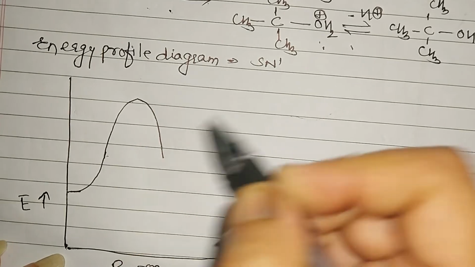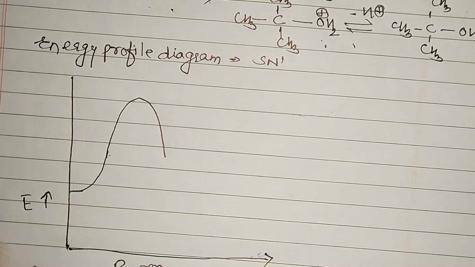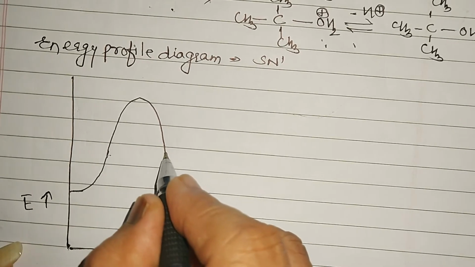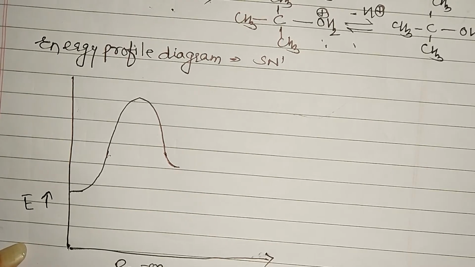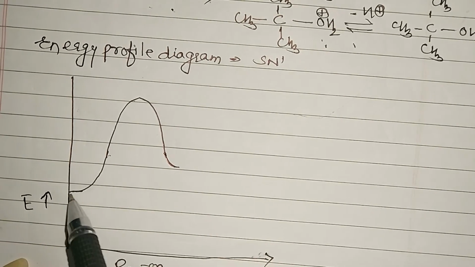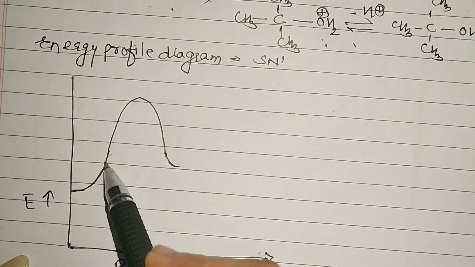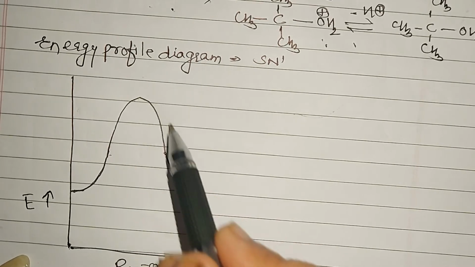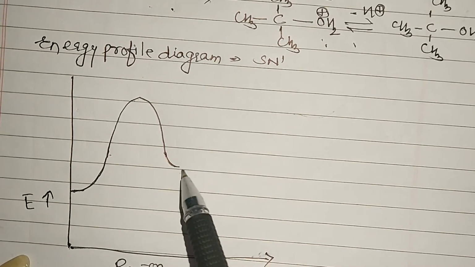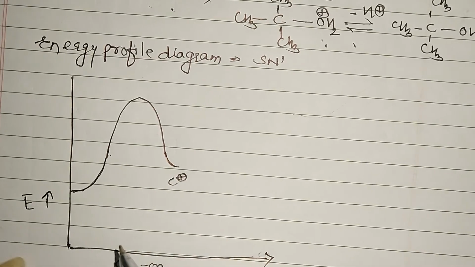And when this Cl is completely detached from the molecule and carbocation is formed, we will get a curve like this. This is the first step. Here the energy of the reactant increases, and after that the energy is decreased, and here we get carbocation, that is C positive ion.